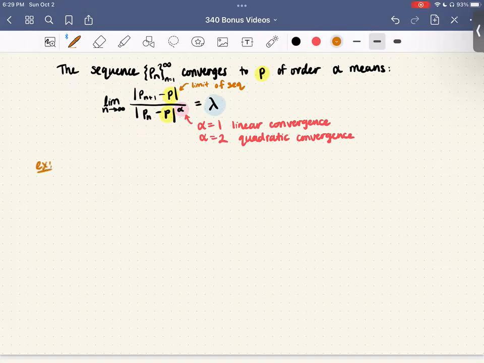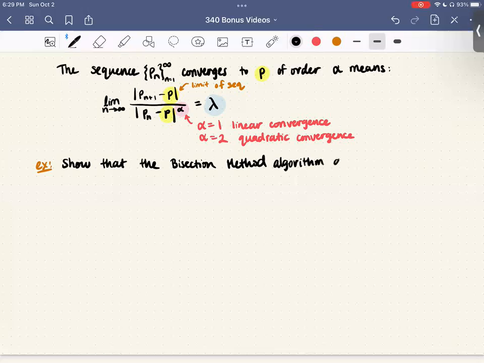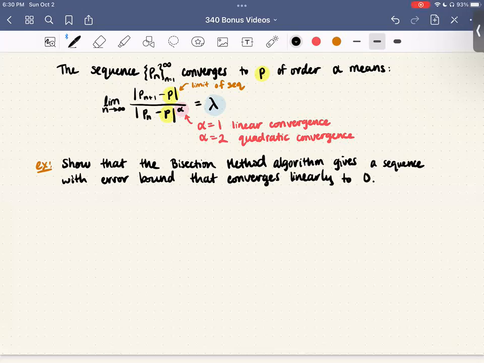Let's show that the bisection method algorithm gives a sequence with error bound that converges linearly to 0.